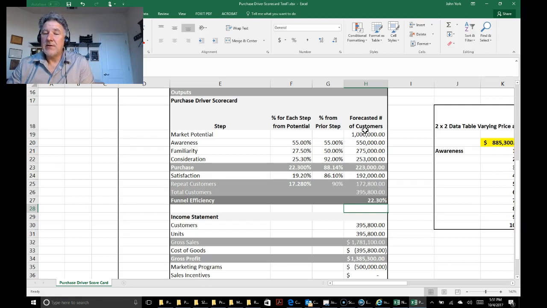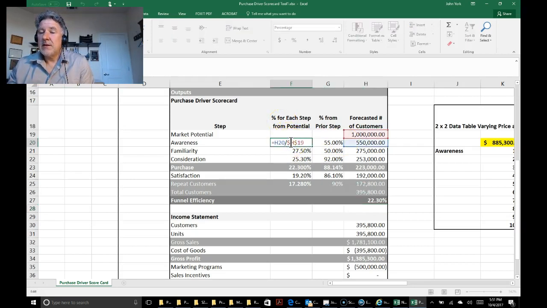Okay? And that usually tells you what you should be doing is looking at what you can do in terms of some of the different funnel steps. Okay, so how do we look at that as well? Well, one of the things you could do is look at the direct percentage of each step in potential, which realistically is just the ratio of the total in that forecasted number to the overall market potential.